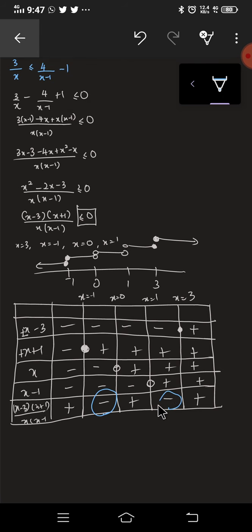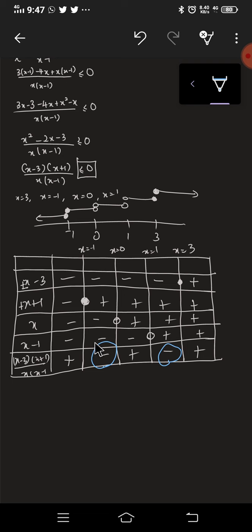This one is for x less than 0 and more than or equal to negative 1, and another interval is from 1 exclusive to 3 included. These are the two intervals included in the solution.